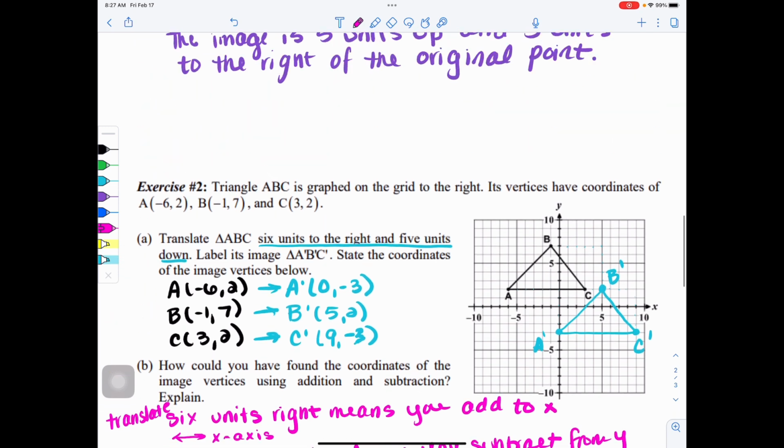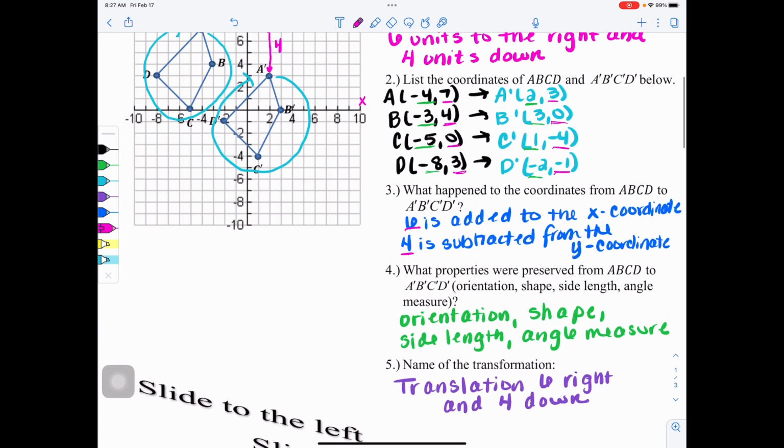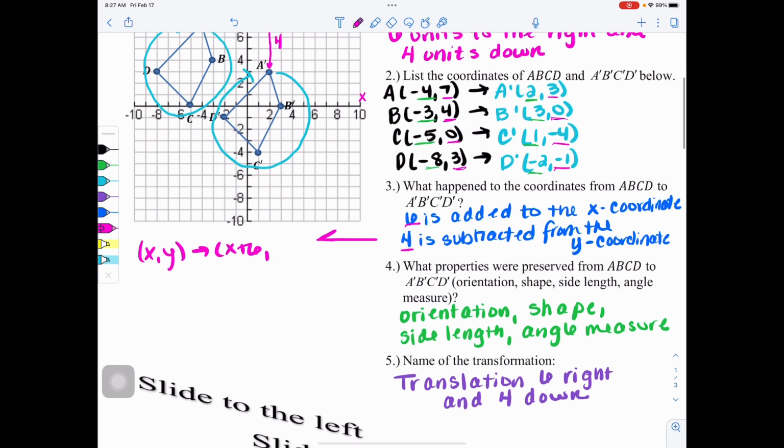So just to make a connection back to what we did in the investigation, here, I'll come over here to the side. Remember, we had 6 added to the x coordinate. So I would tell you that (x, y) went to (x + 6). And then we had 4 subtracted from the y coordinate, so y - 4. Because in this one, we went to the right 6 and down 4.